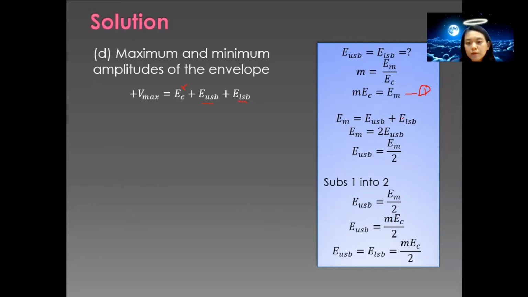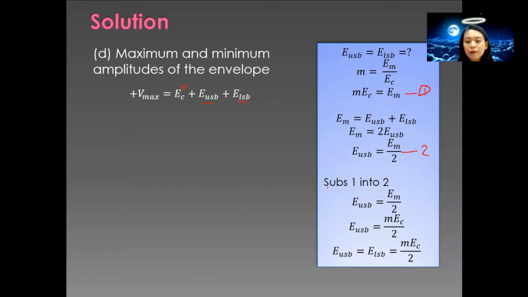So we can assume that ELSB is equal to EUSB. So we will have EM equals 2 times the voltage of the upper sideband. So to find our EUSB, it is equal to our EM, the voltage for the modulating signal, divided by 2. This is equation number 2.